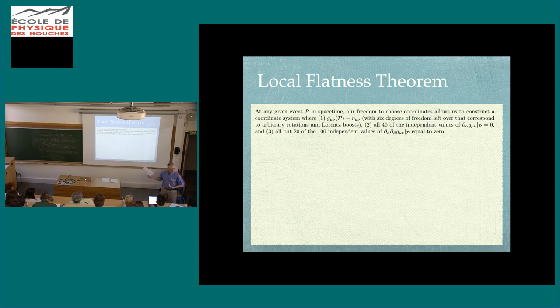And what this theorem is saying is, yeah, you can always do that. You can always set up the metric to be the flat space-time metric. And if you do that, then what you've got is a locally orthogonal coordinate system.